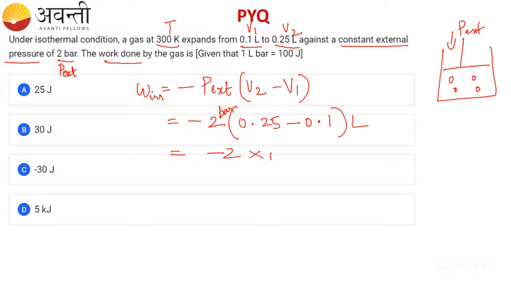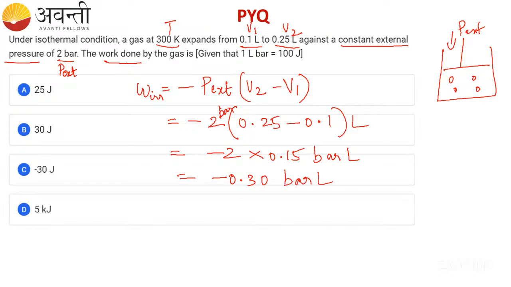It is 0.15, right? Yeah, very good, Tanuja. So let's arrive with your answer, okay? So it is 0.15 bar liter. Very good, Roshan. So now 2 into 0.15 is equal to minus 0.30 bar liter, okay?